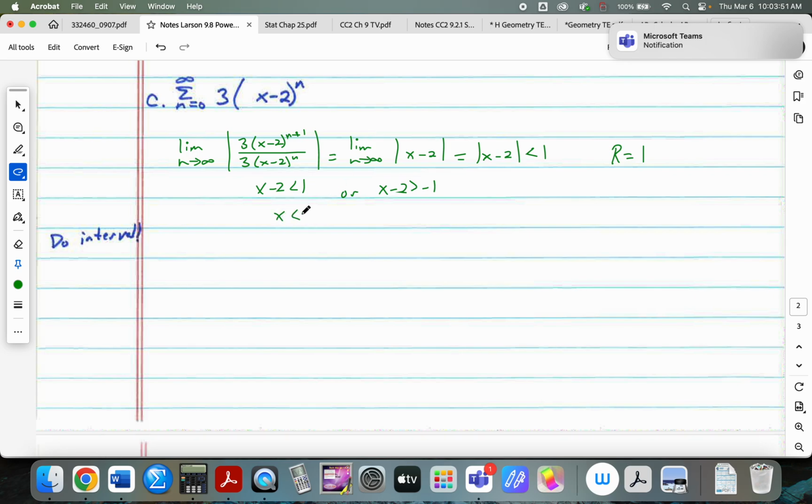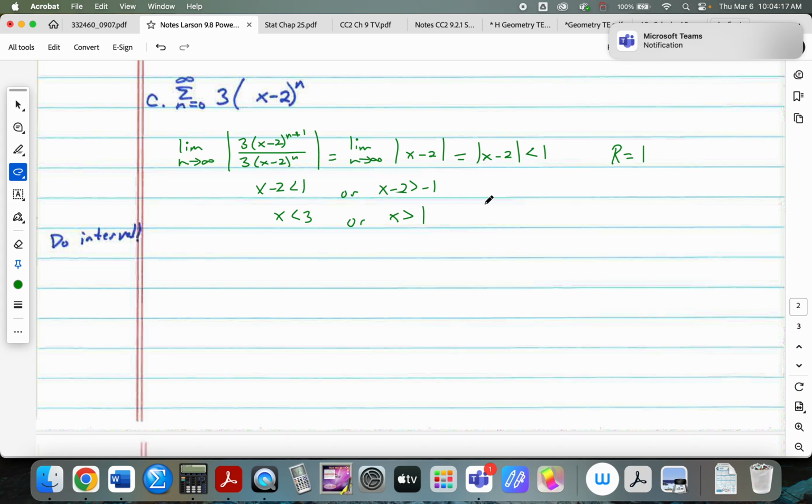So this would be x is less than 3, or x is greater than 1. And if you do this correctly, those should be evenly spaced to either side of the centering point, which is 2. Actually, this particular one, we could have done without doing this.